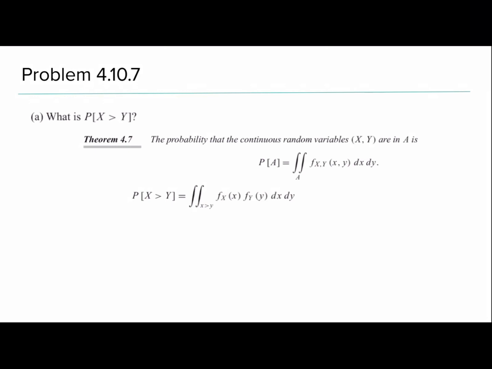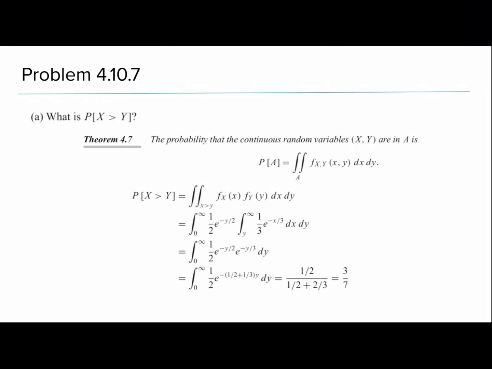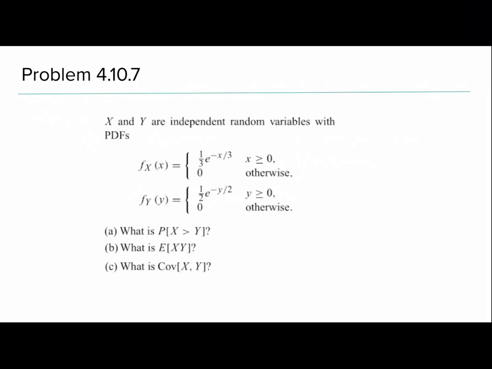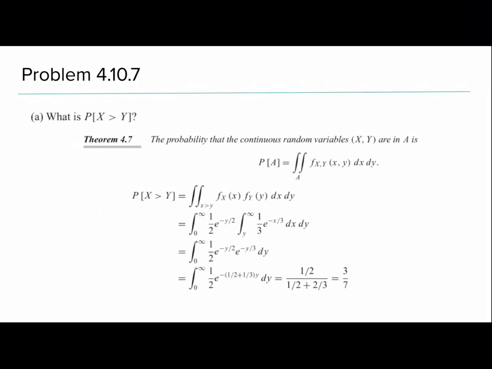Now, since x and y are independent, their joint PDF will be the product of the individual PDFs, which is f of x,y equal to fx into fy. So integrating over the area, the limits of x will be y to infinity, and the limits of y will be 0 to infinity, as y is defined on 0 to infinity.